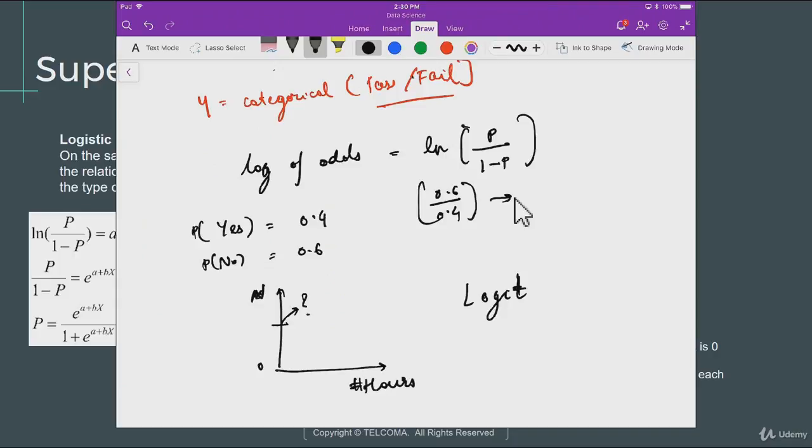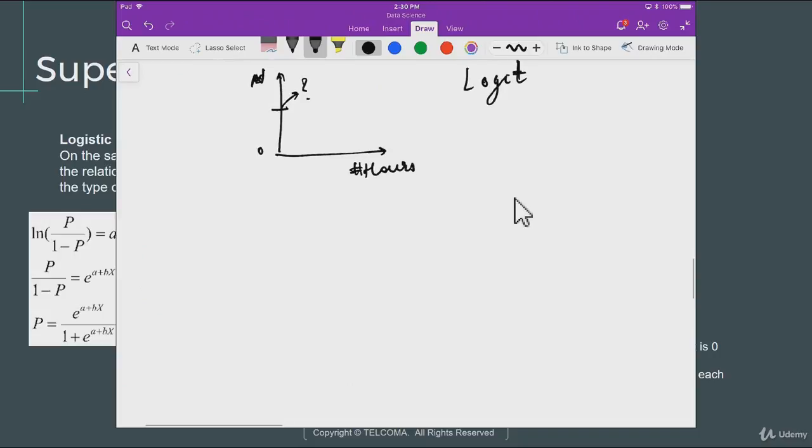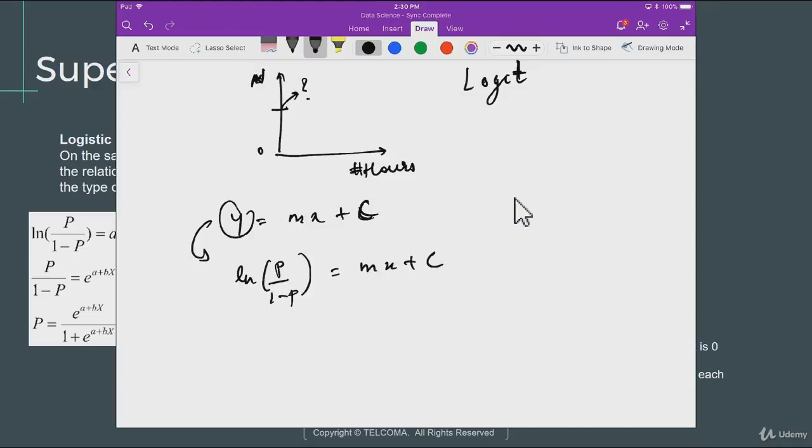It may sound a little complicated, but then let's use simple math to understand this. So initially we would say y is equal to mx plus c was the equation which we have for linear regression. Now we convert this to a more optimized format where we would say log of odds, which is log of p upon 1 minus p, is equal to mx plus c, right? Now, to decode this further, we need to convert this into a format where we have the logistic function so that the output can be delivered in terms of a probability value which can be between 0 and 1.